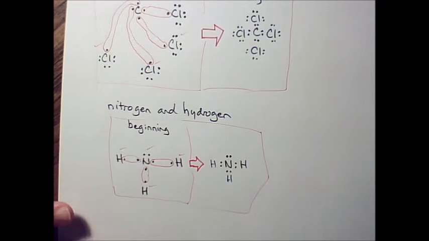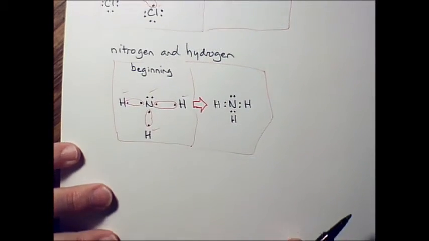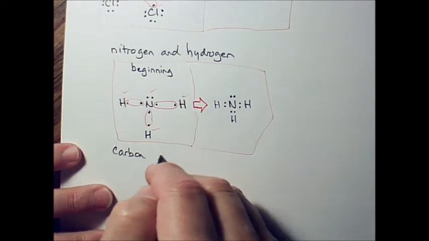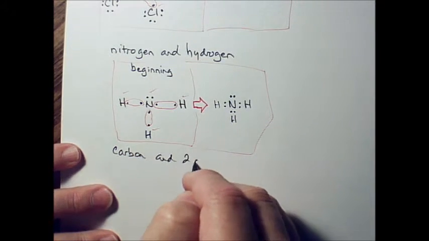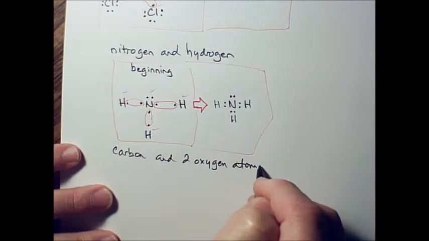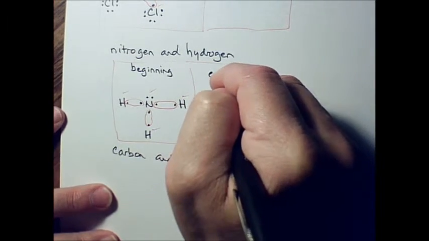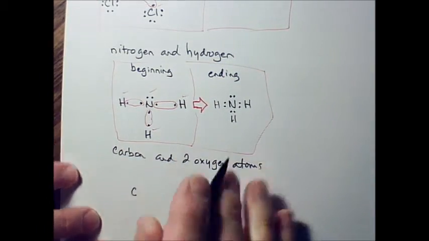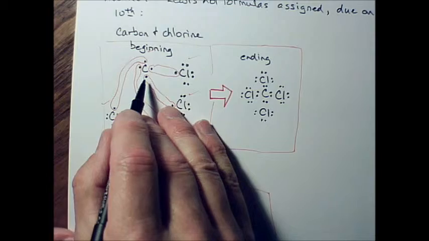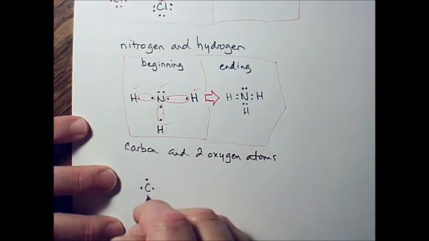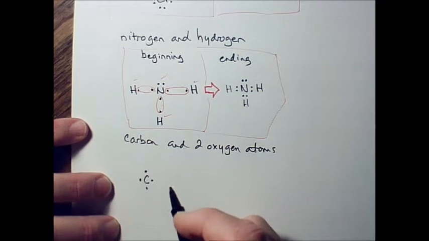Alright, and then I asked you to put together carbon and 2 oxygens. So carbon, same as we started with up here, has 4 electron dots to start with. Electron dot notation for carbon has 4 dots, 1 on each of the 4 sides.